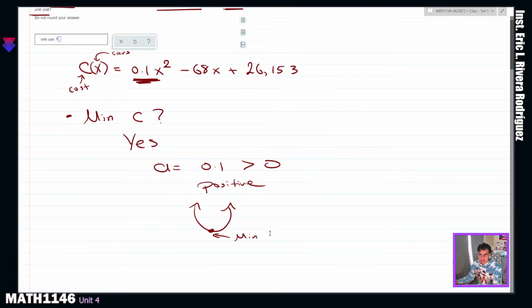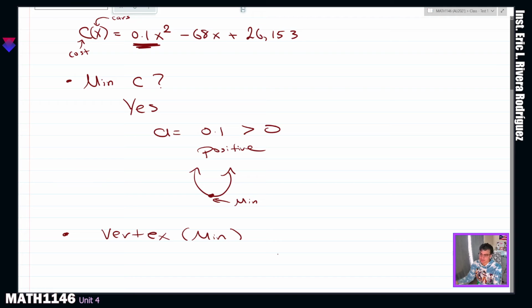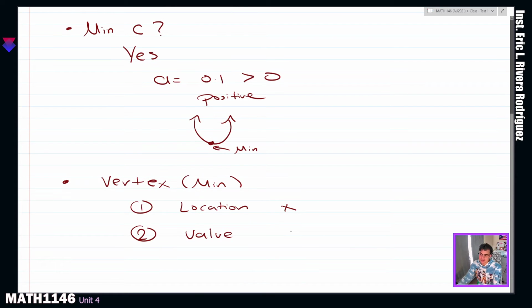So now that we know that, basically what we need to do is to find the vertex, the minimum value. To find the vertex, so it's getting the minimum value, first we need to find the location, which is x, and then we need to find the actual value, which in this case is not y, it is C of x, because we are using the letter C to represent that.